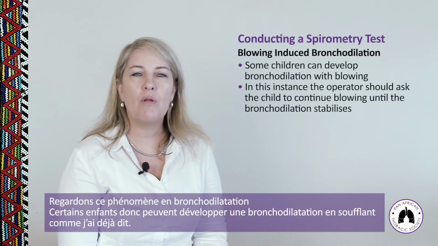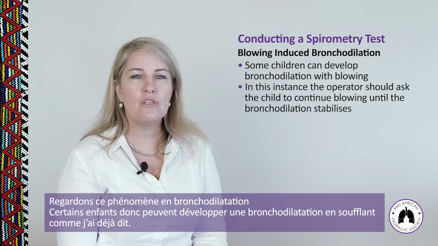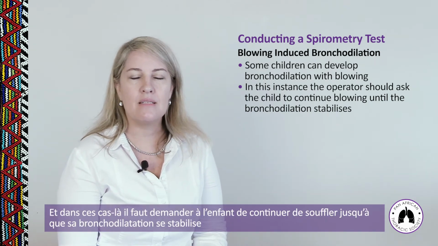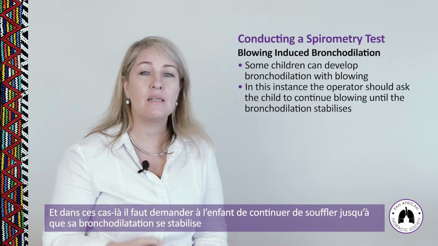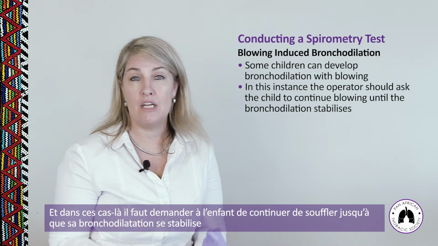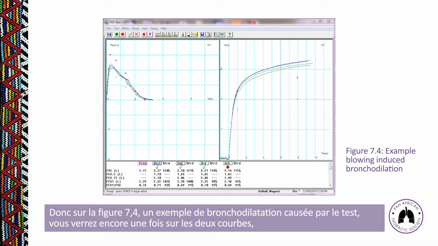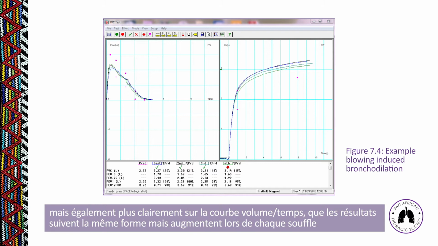All right, let's have a look at blowing-induced bronchodilation. Some children can develop bronchodilation with blowing, and in this instance, you need to keep on blowing until that child's bronchodilation stabilizes. Figure 7.4 is an example of blowing-induced bronchodilation. You'll see that the curves on the flow volume and the volume time graphs, and again you can see it particularly on the volume time graph, follow the same shape, but they get larger with each subsequent blow.